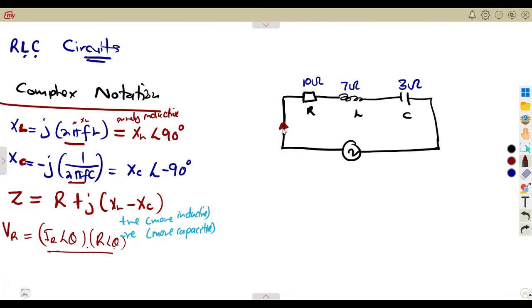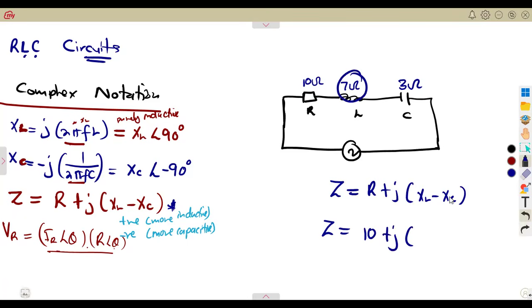And maybe they'll ask you to calculate the total current, which is supposed to be taken from the impedance. So you will calculate your impedance from the formula R plus J, the difference of XL minus XC. So Z is equal to R, in that case 10, plus J, XL, the reactance of the inductor, which is 7, minus that of the capacitor, which always carries a negative.